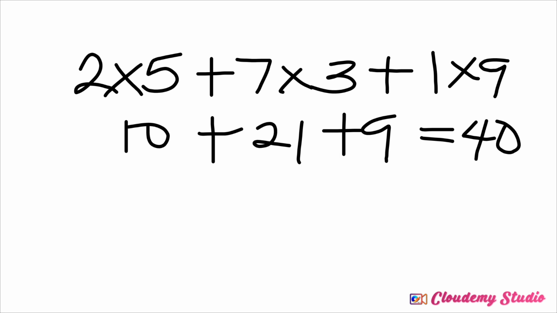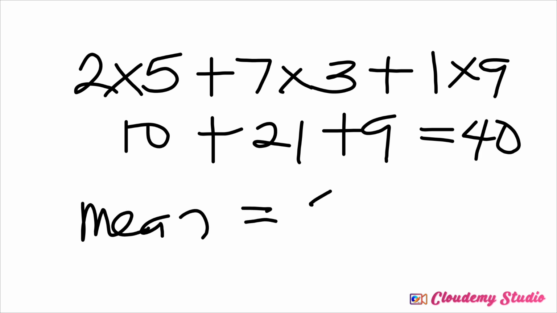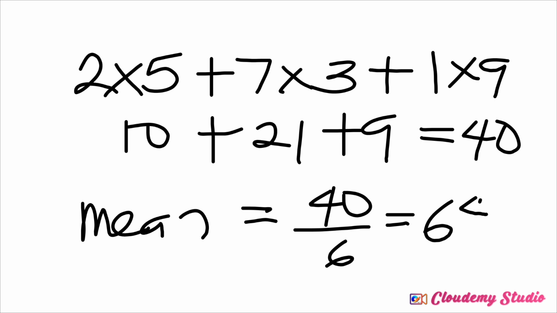So mean is equal to 40 over 6, and that gives me 6, remainder 4, because 6 times 6 is 36 and 4 is remaining, so 6 and 4 over 6. That is how that one is done.